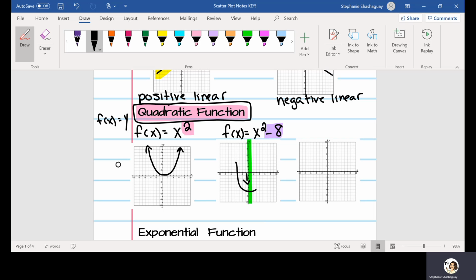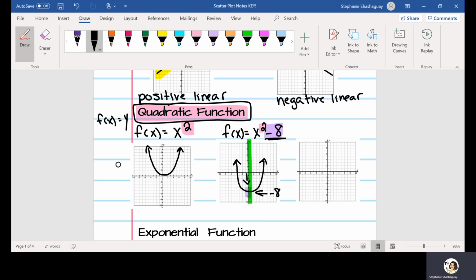So it would be something like this, where this point on my y-axis right here is negative 8, because whatever that constant is is what's going to move that parabola either up or down on my y-axis, okay? But I still have that x squared.